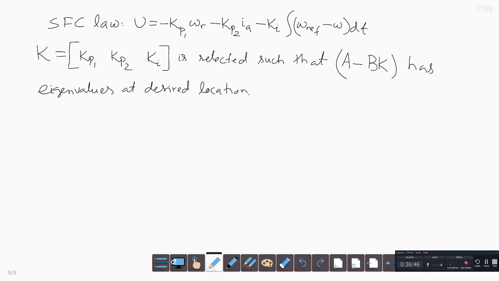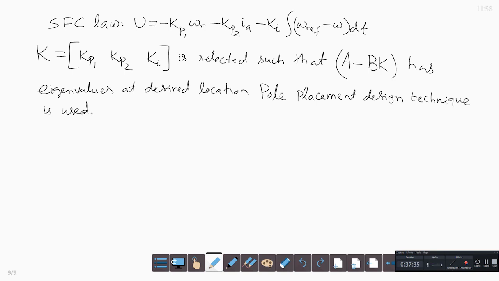The pole placement design technique is used so that A minus Bk, that means the overall control system, has the specified characteristic roots. In pole placement design, we decide where the poles of the closed loop system are to be placed. Accordingly, we find the values of Kp1, Kp2 and Ki. So, the problem is solved by pole placement design.